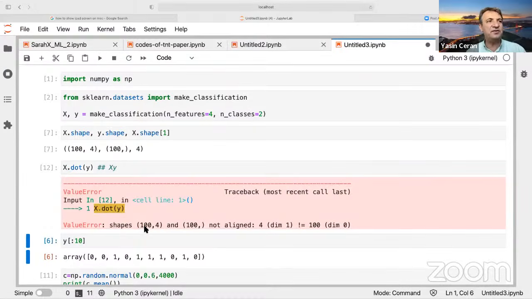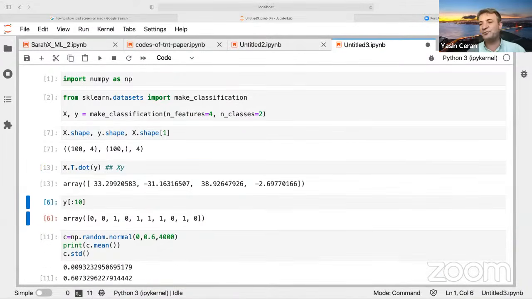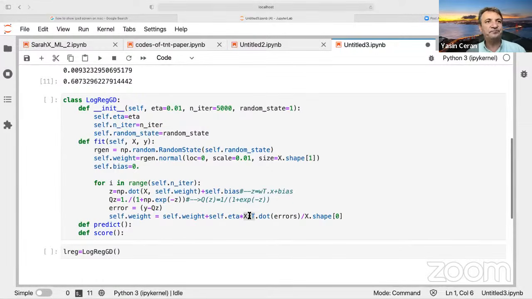It says X is in the shape of 104 and Y is in the shape of 100. It's not aligned, because when you multiply two matrices, in this case a matrix with a vector, the number of columns of the first has to be equal to the number of rows of the second. So that's why I'm taking the transpose of X. Now it's going to multiply. That's why I took the transpose of X in here.